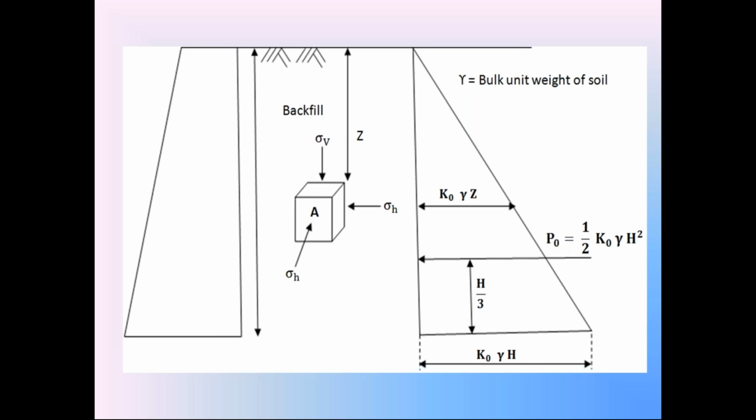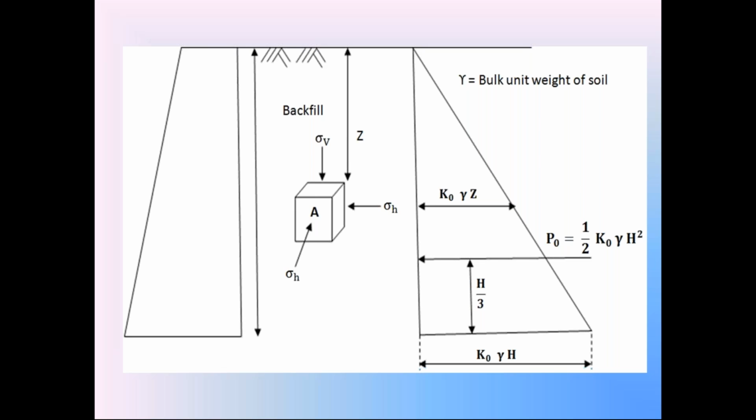Whenever in geotechnical engineering you come across that ratio, horizontal stress in the soil divided by vertical stress in the soil, sigma h by sigma v, that ratio is called the coefficient of earth pressure.